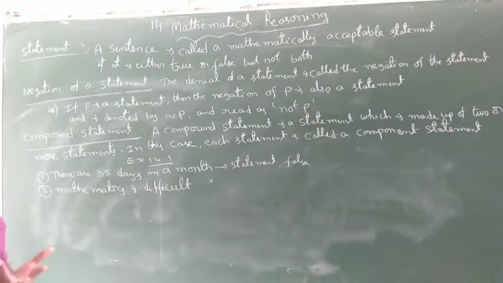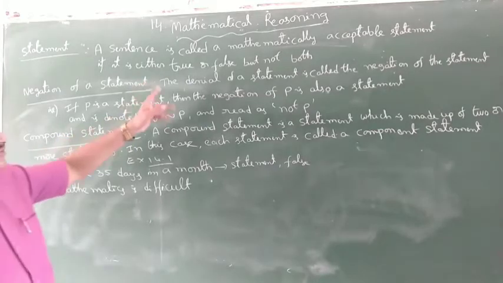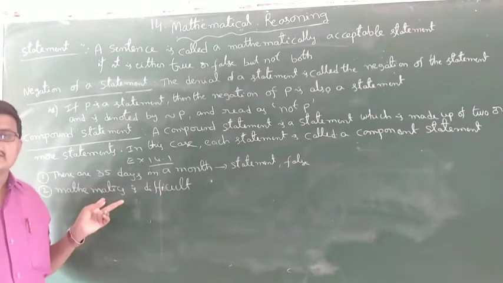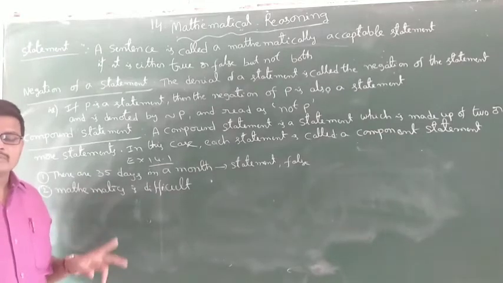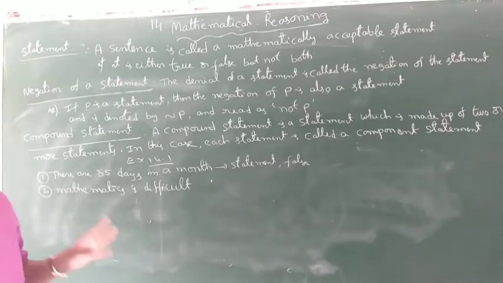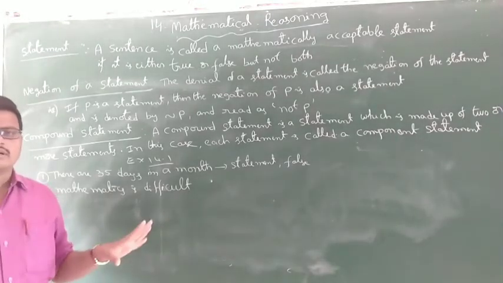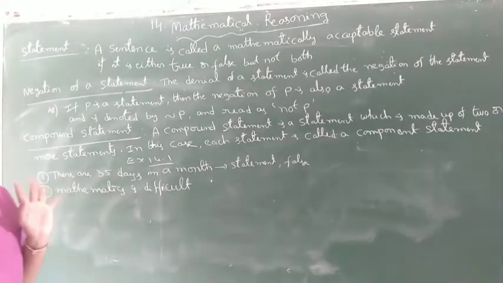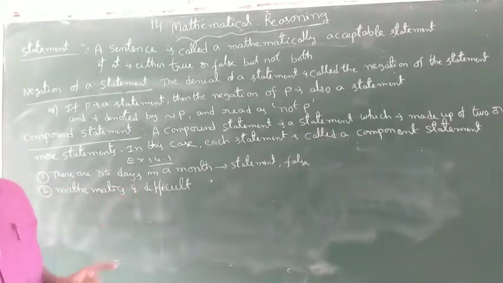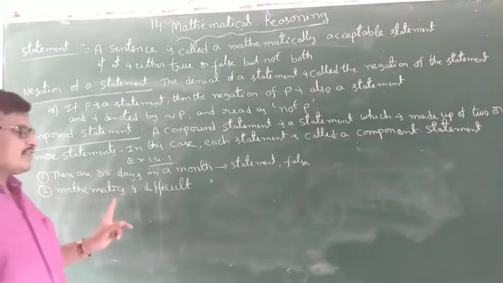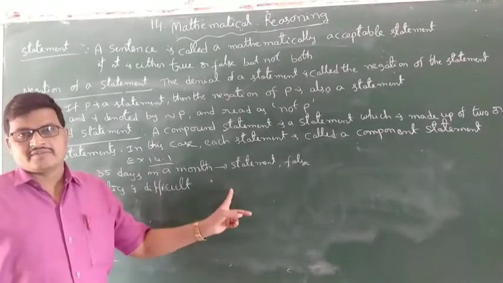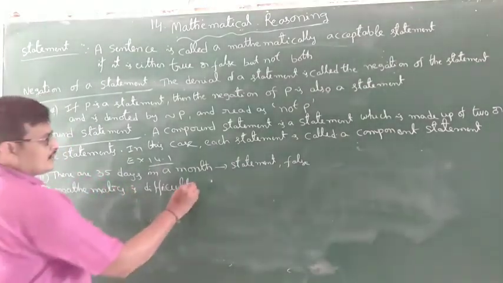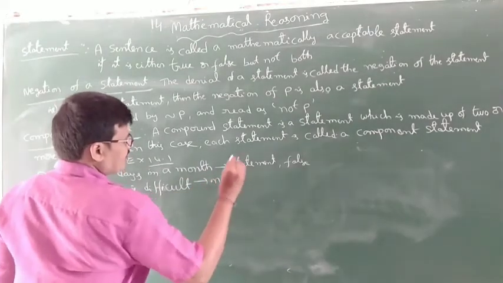So is this true or false? For some people it is true, for some it is false. Some true, some false means this is not a statement. A statement must be acceptable as either true or false. So this is not a statement, because some people feel it is easy.